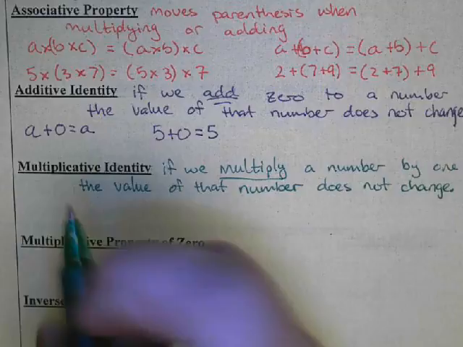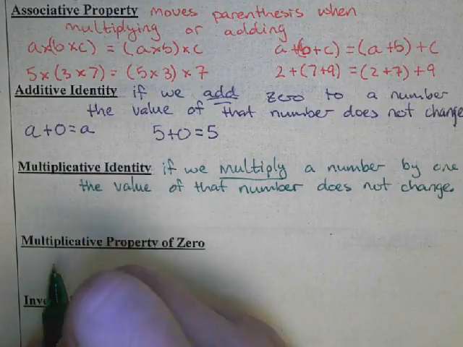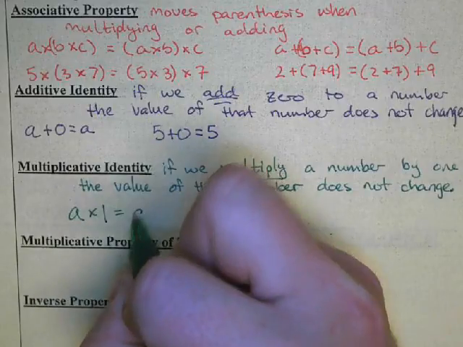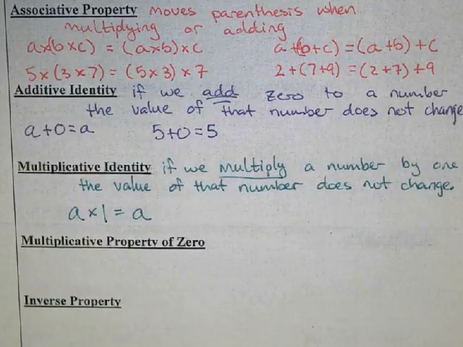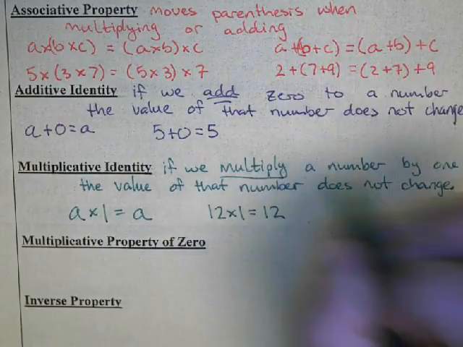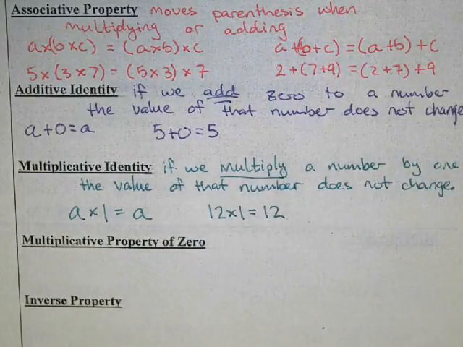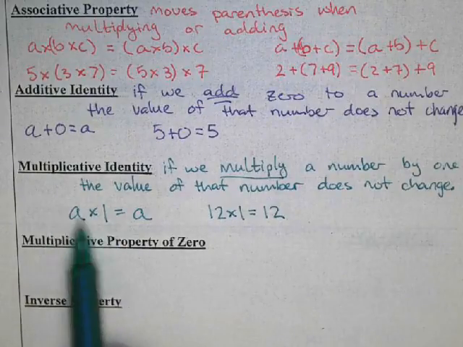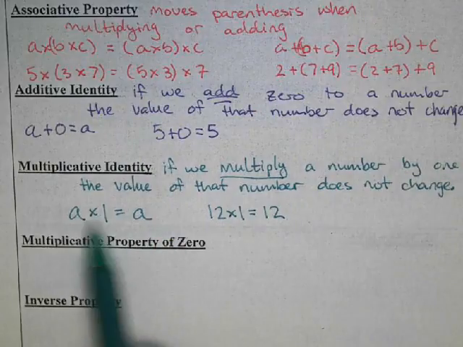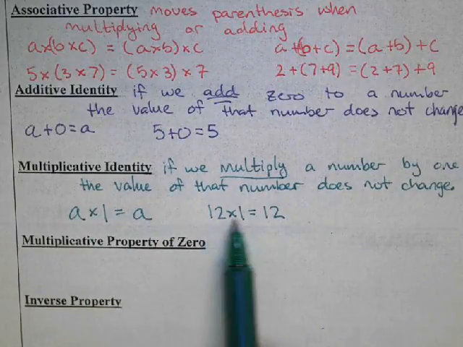So say I had a times 1, that would equal a. Or if we're using a number, we could say 12 times 1 is equal to 12. So we're multiplying by 1, and the number or the letter that we're multiplying by does not change. It stays the same. So a stayed a, and when 12 times 1, 12 stayed 12.